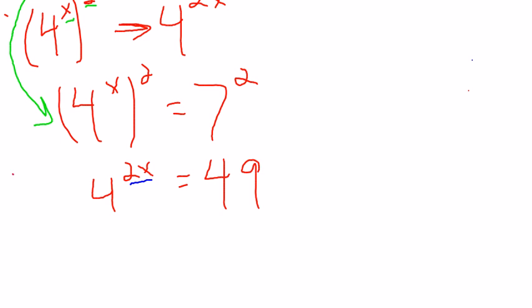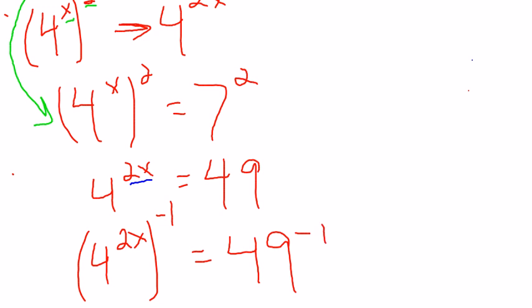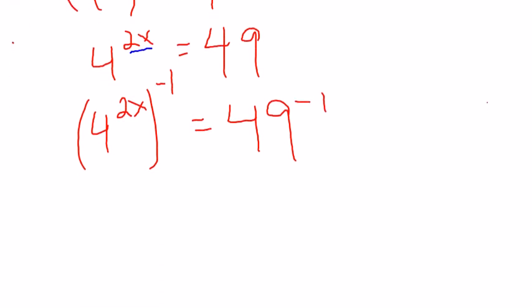So that 4 to the 2x, I'm going to raise the whole thing to the -1. The reason I do that is what I just said, because then my rule is going to tell me that I distribute that -1 into the 2x and multiply. That equals 49 to the -1. Almost done, I swear.